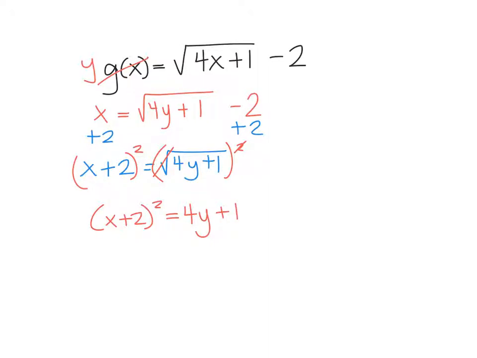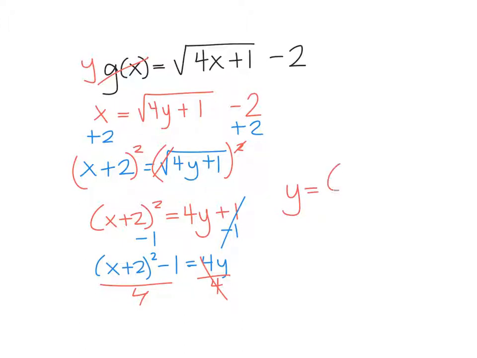Still working backwards to get the y by itself, we'll subtract 1. That cannot go inside the parentheses, so that's just going to go at the end. And then we'll divide away the 4. So y equals the quantity (x plus 2) squared, minus 1, all divided by 4.